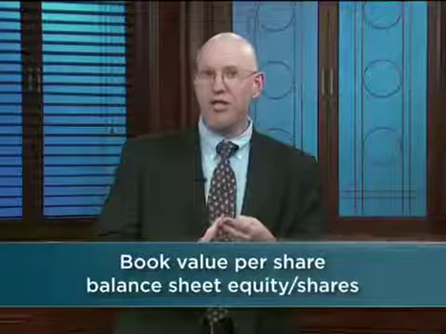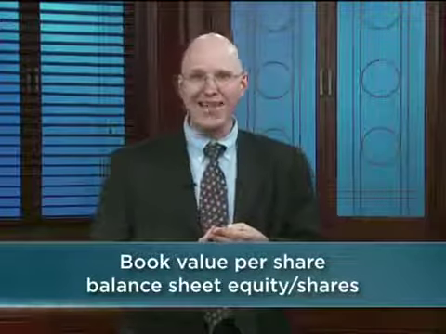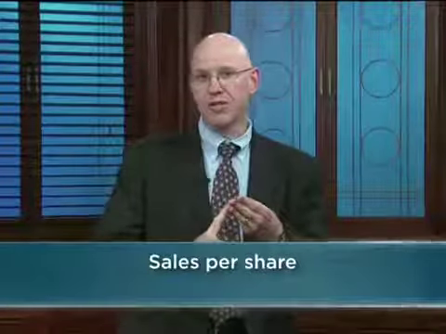The first issue is, what value driver should we pick? Well, you can literally choose any characteristic you want. The three most popular value drivers for stocks are earnings per share, or EPS, book value per share, which is balance sheet equity divided by the number of shares outstanding, and sales or revenues per share.